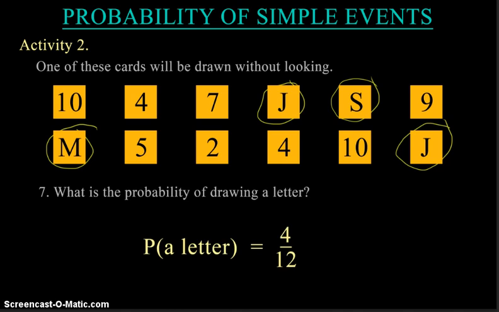So, the probability of drawing a letter is 4 by 12. So, pwede pang i-reduce sa lowest term to, divided by 4, both numerator and the denominator. And we have 1/3. So, 4 divided by 4 is 1, 12 divided by 4 is 3. Okay, so that is the final answer. 1 by 3.